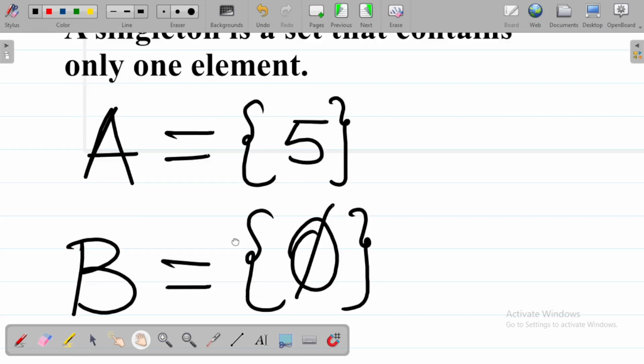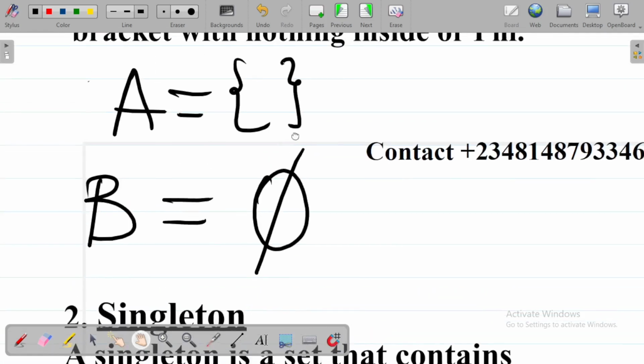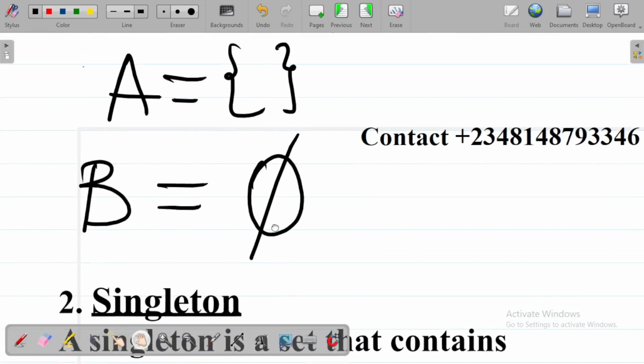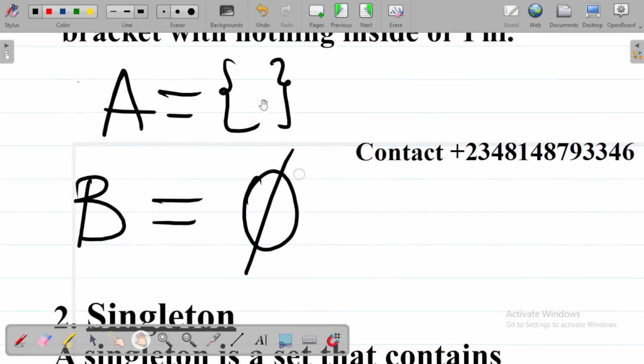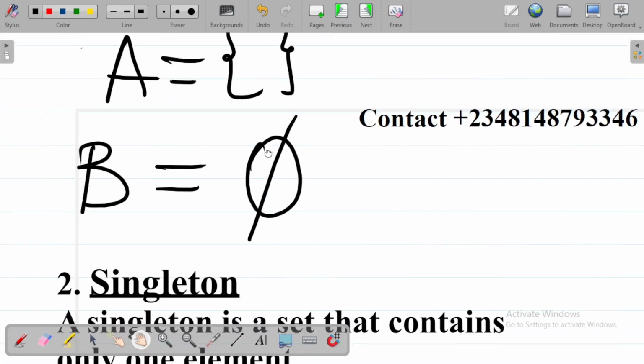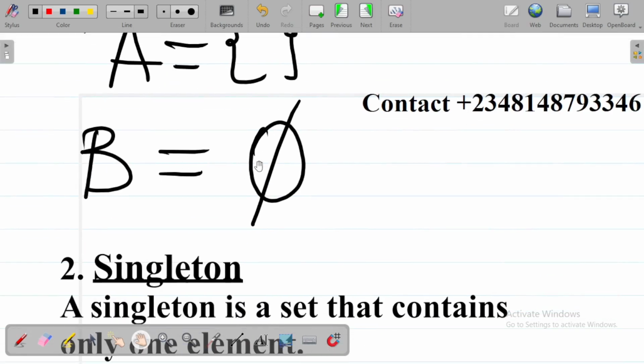Now, from the concept of empty set, an empty set is defined as a set that has no element inside, or phi. There is no element in A, so therefore A is an empty set. B is equal to phi, therefore B is an empty set.